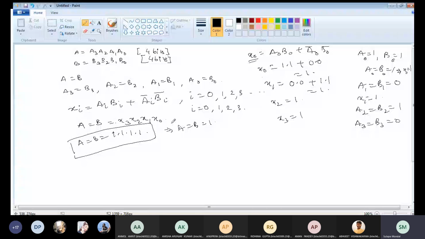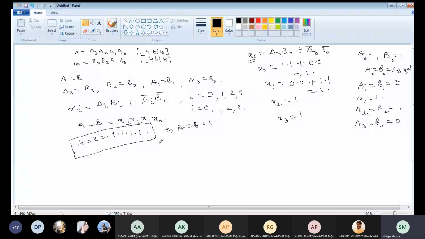So when will it become 1, can anybody say? I just want to ask: the binary variable A equal to B is equal to 1 when there is a condition only if all pairs of digits of the two numbers are equal. Are you getting what I have told?